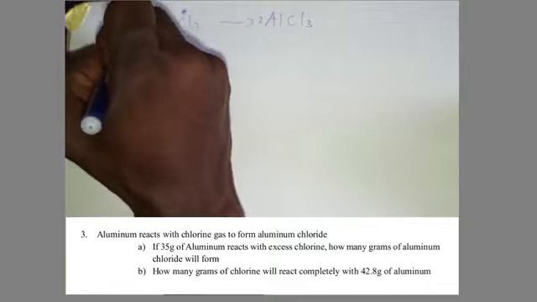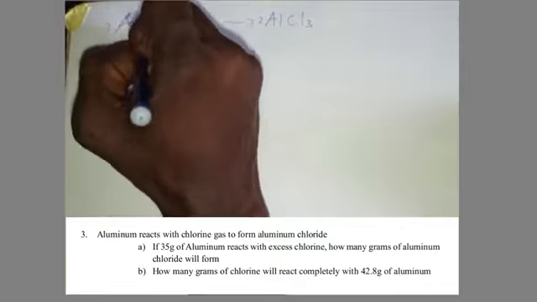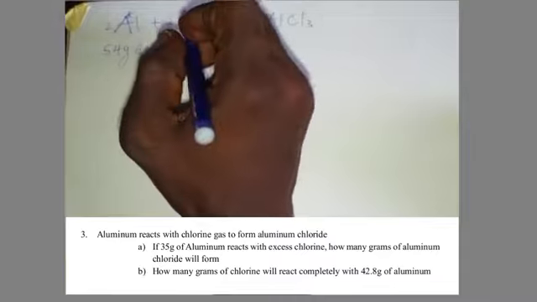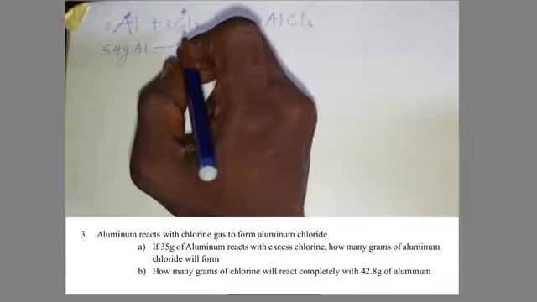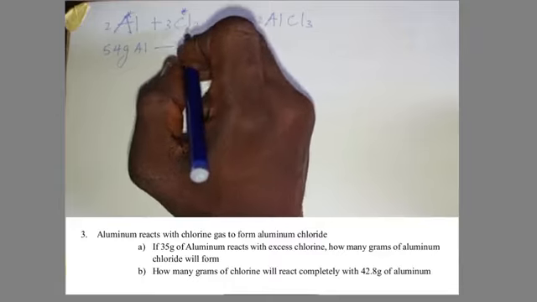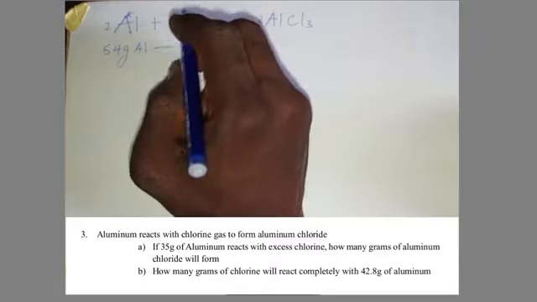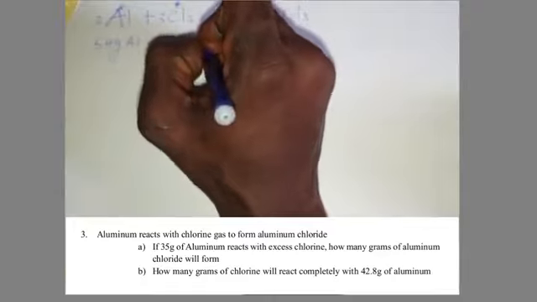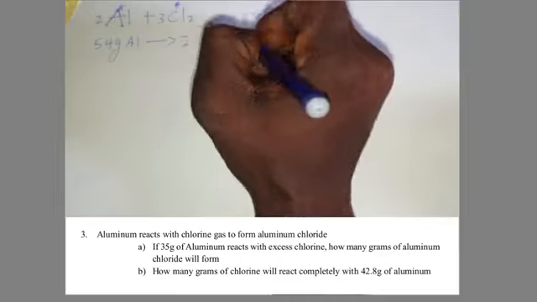We have 54 grams of aluminum will always react with, let's find the mass of chlorine here. Chlorine is 35.5, so 35.5 times 2 is 71. So 3 times 71 will give us 213 grams of chlorine gas.